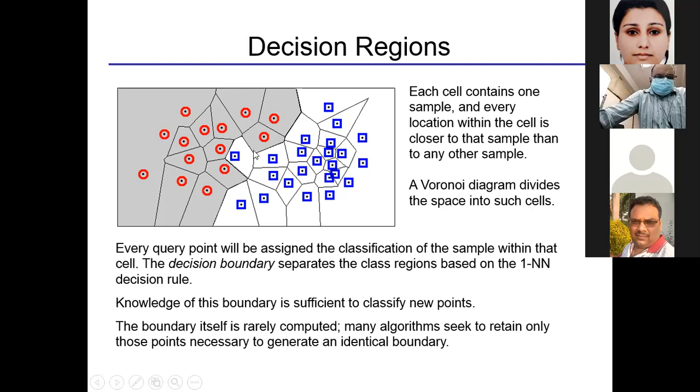The gray portion is those points which are classified in a particular class, and the white portion is those points which are classified as another class. So knowledge of this boundary is sufficient to classify any new point, because if you know the boundary, you can easily classify any new data.